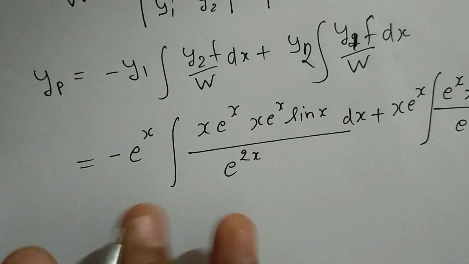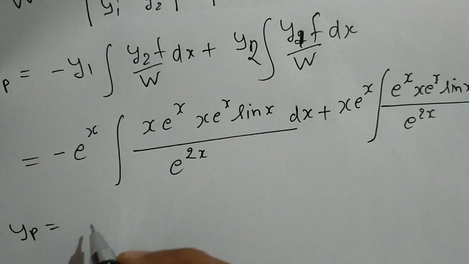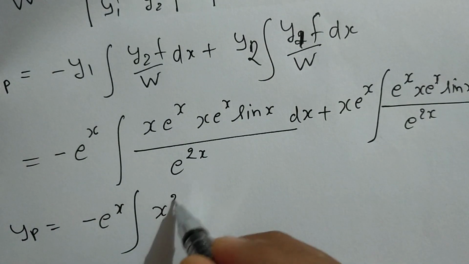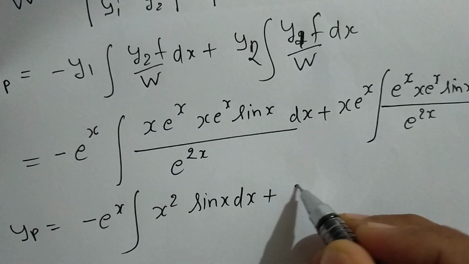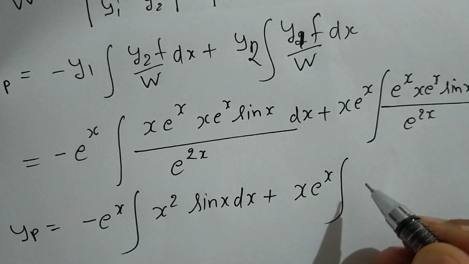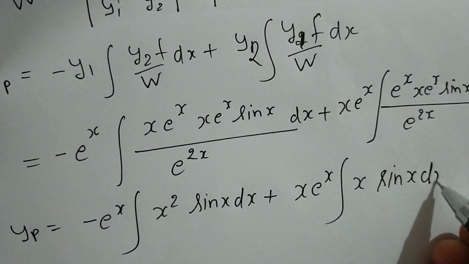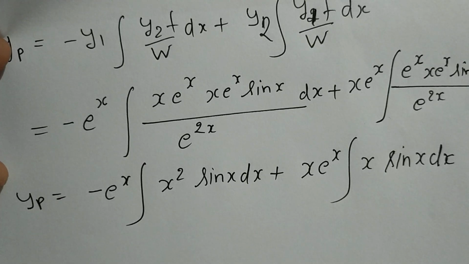So your yp will be minus e power x integral x square sin x dx plus x e power x integral x sin x dx. So this is your particular integral.